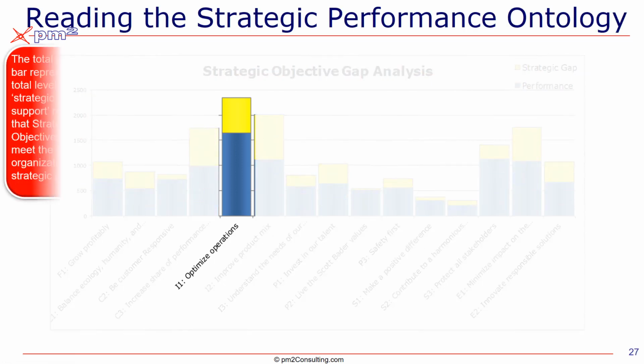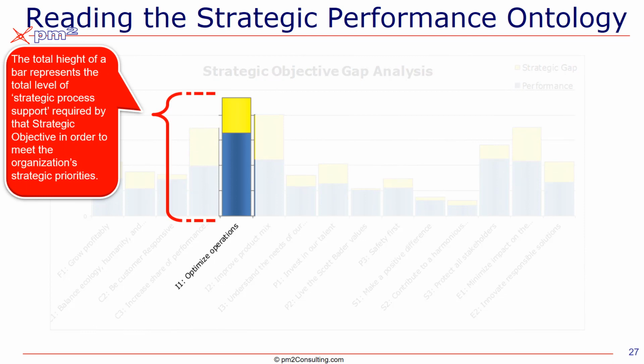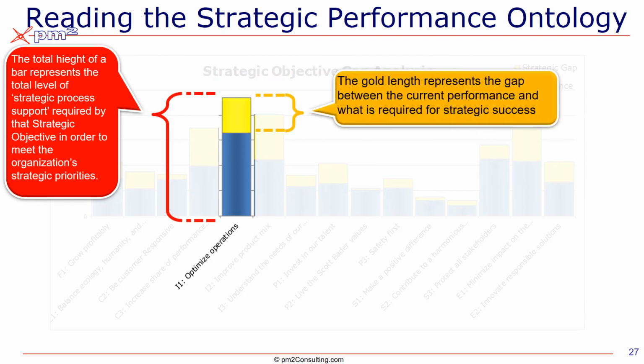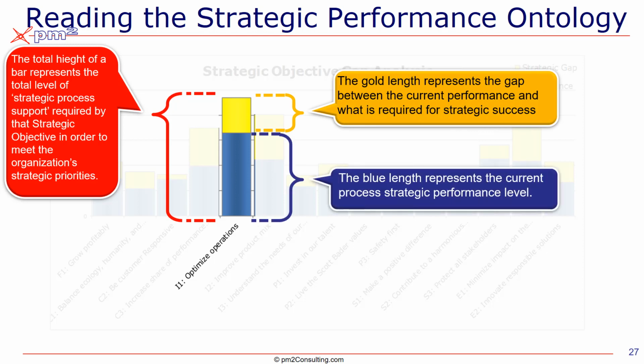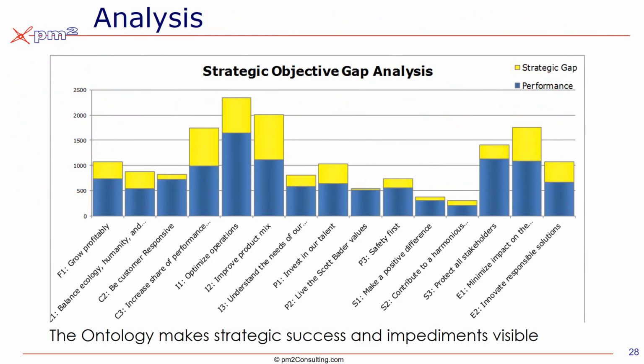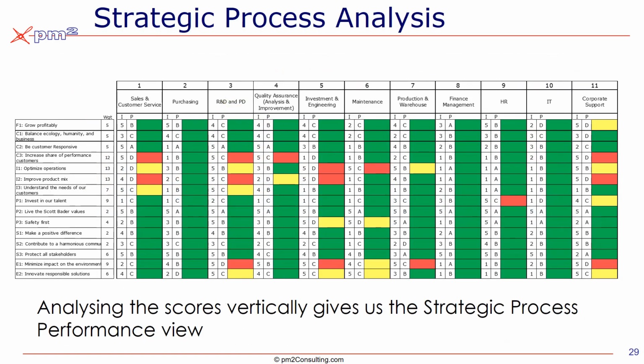So again, the way to read this is the total height is the amount of process support we need, the gold part is the gap, and the blue part is how we're currently performing. So now all of a sudden, this ontology has made our strategic success visible. Now, we can also add that up by process.